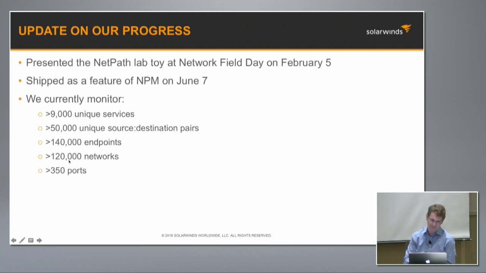So one of the cool things I like to remember about the networks is that networks are autonomous systems that we've identified. So this is the, not unique necessarily, but the times we're seeing the networks in a specific path. So we get that perspective on that network, which is specific paths through that network. 120,000.